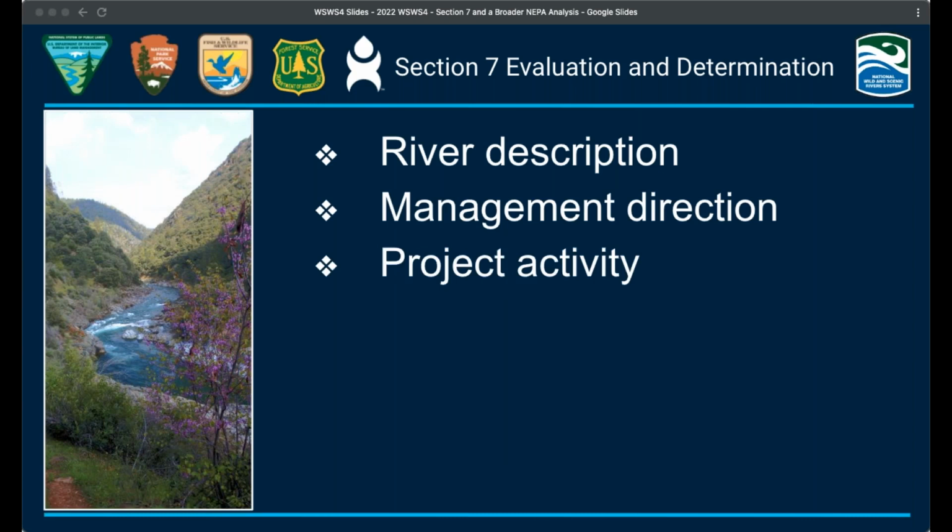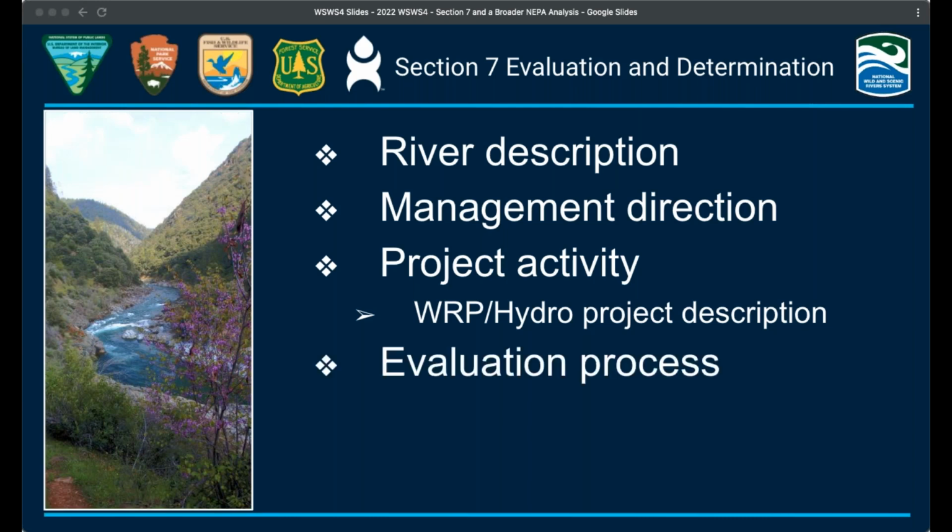Third, it describes the proposed project and its activities. It identifies all aspects of the water resources project or FERC hydropower project to be analyzed. Fourth, it provides an analysis of the impacts on the river values appropriate to the evaluative standard and describes the analysis results. And finally, it provides a determination of effect based on the analysis.